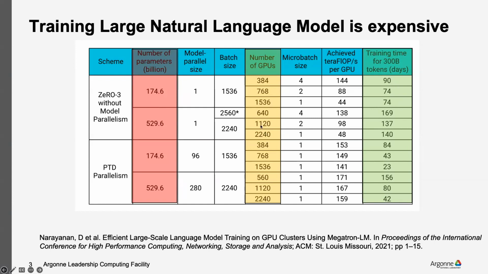So basically, if you use 1,000 GPUs to train this 500 billion parameter model, it already takes on the order of 100 days, right? That means if you use 1 GPU to train this model, you cannot finish in your lifetime. So that's why it is so crucial to use distributed training to reduce the time to solution.